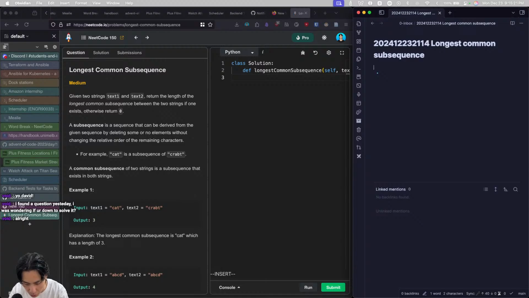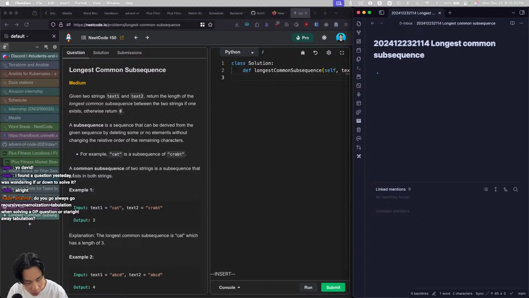Kabir Sharma, do you always go recursive, memoization, tabulation when solving a DP problem, or straight to tabulation? I try to think about the problems in recursive, then memoization, and then yes, I do try and think about it in tabulation. But more recently, because I have less time, I am more inclined to just go straight to tabulation.